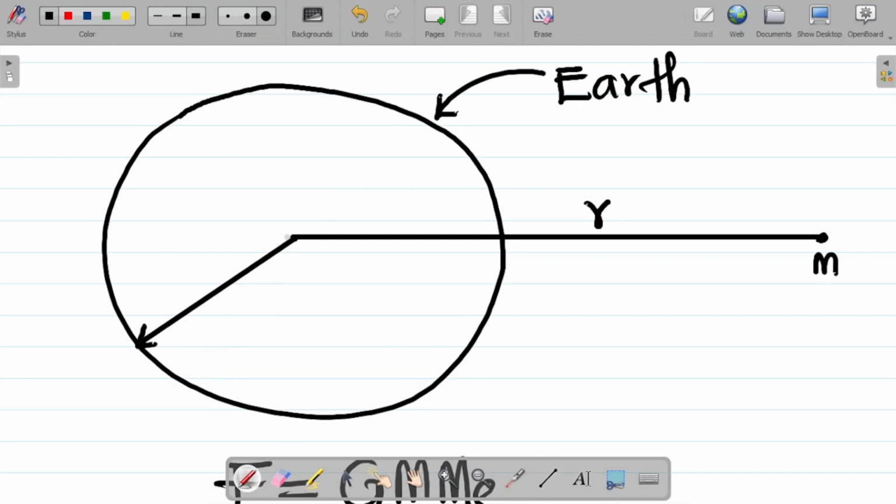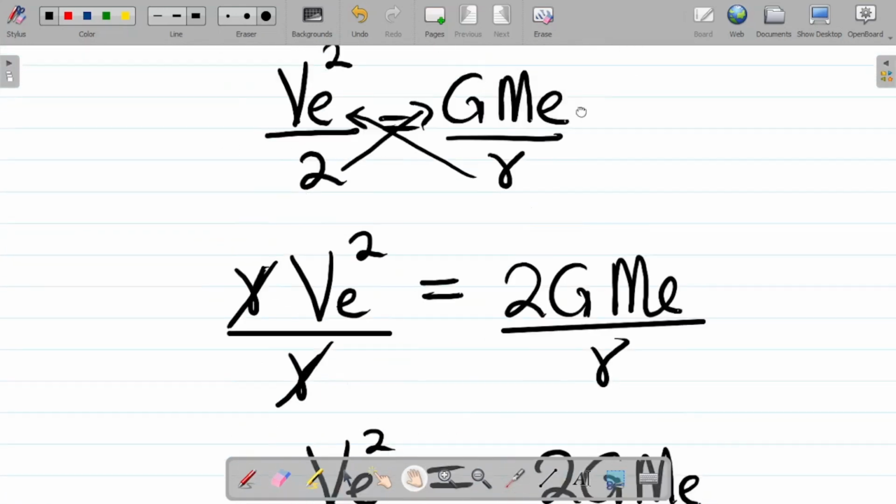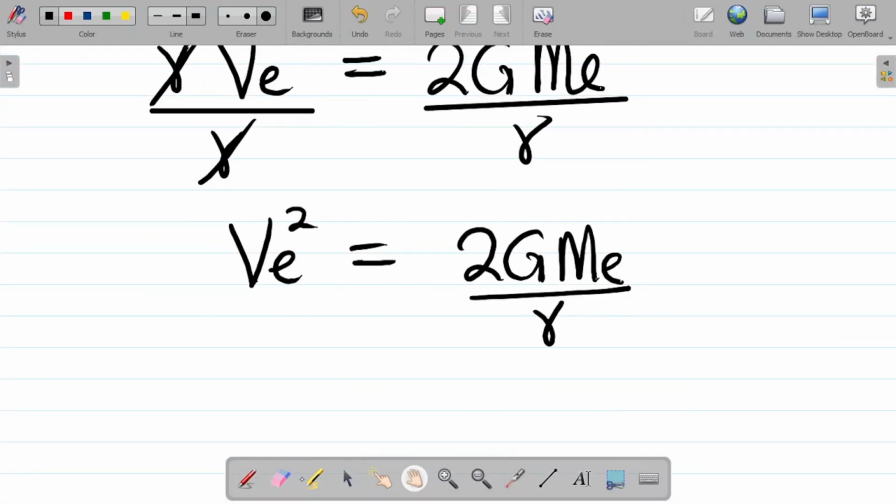When a body moves from the center until it escapes up to this point here, it means that the distance we need is simply R, the radius of the earth. Once a body can surpass the earth's radius, then it can escape the earth's gravitational influence. So the distance needed here is actually the radius of the earth. We are saying r is equal to R.